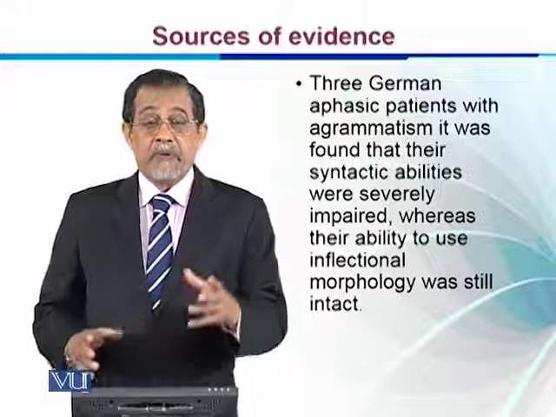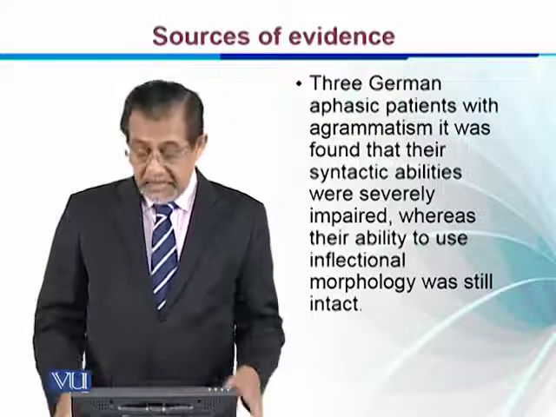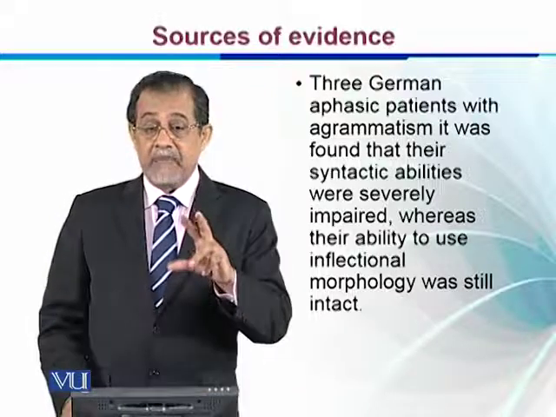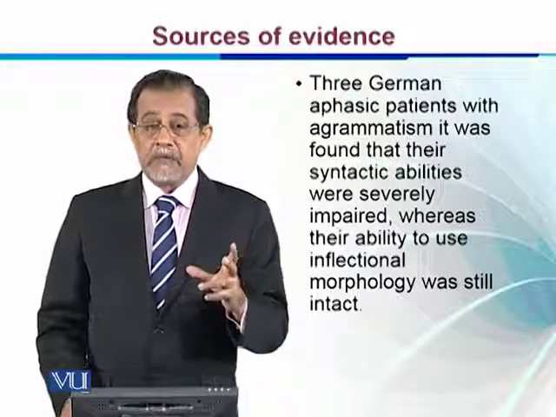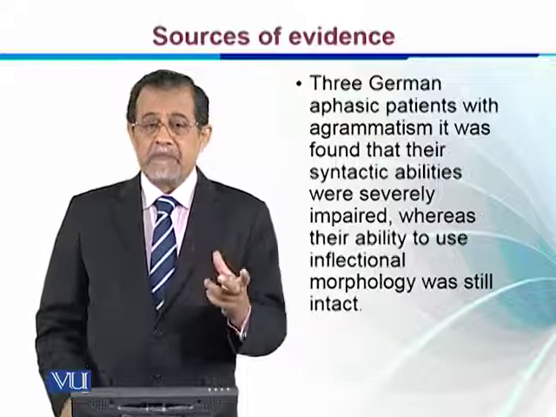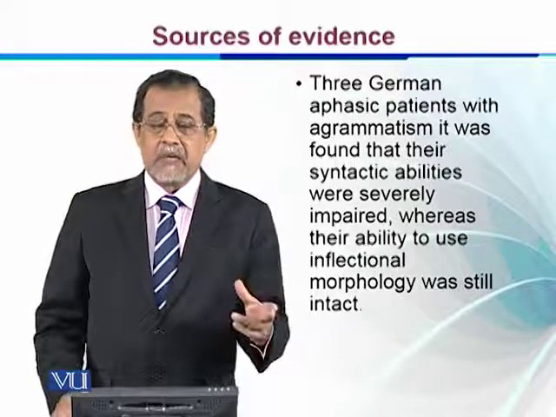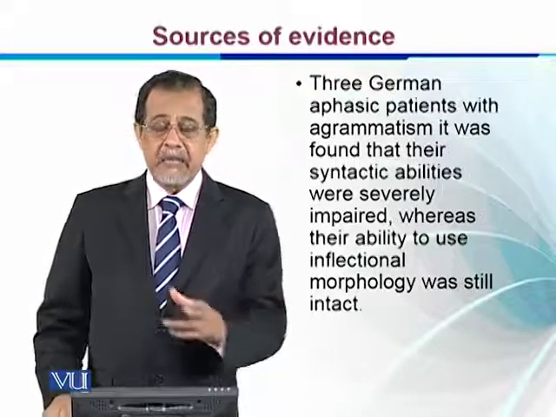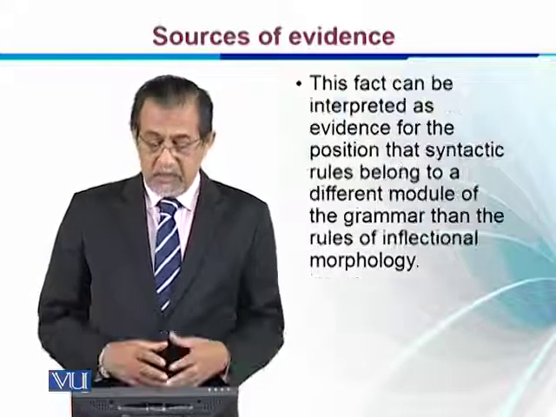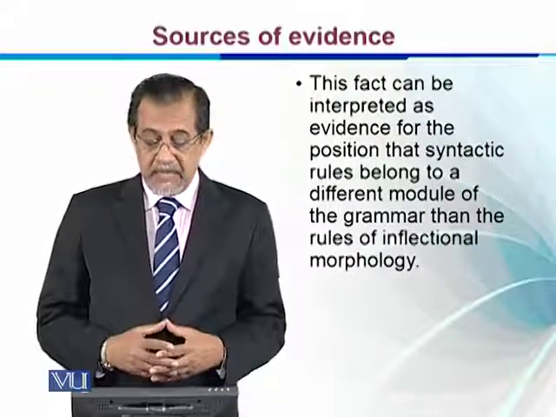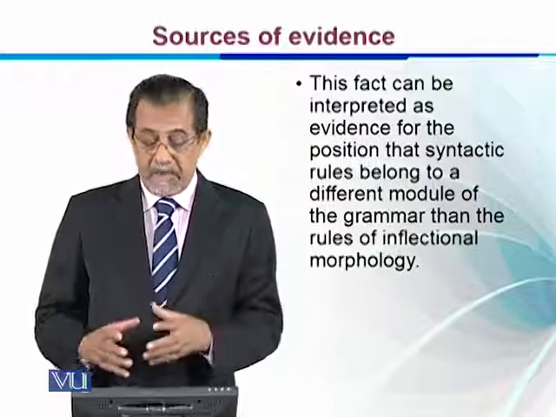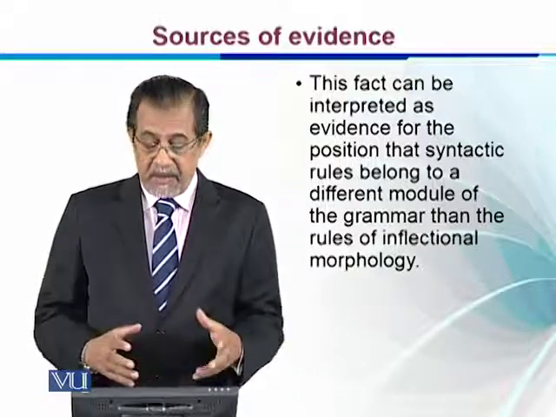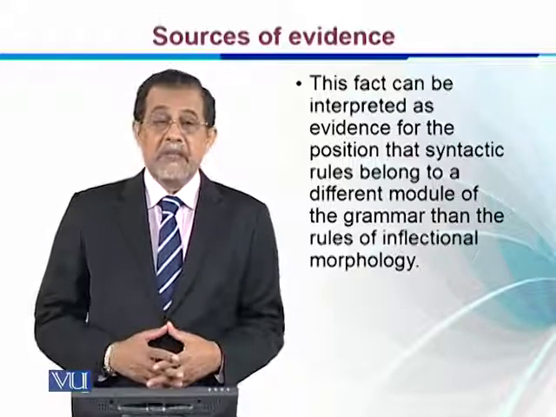So from this it can be said that we have different parts in our brain which deal with syntax and morphology. This fact can be interpreted as evidence for the position that syntactic rules belong to a different module of the grammar than the rules of inflectional morphology.